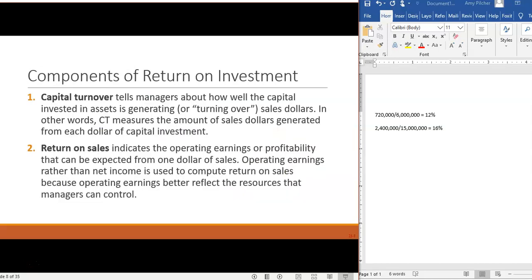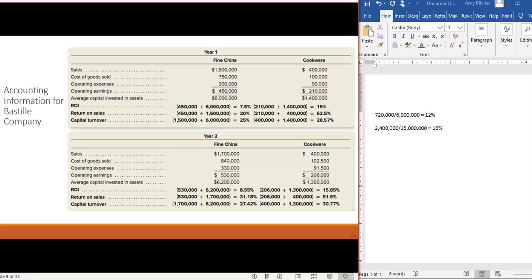So that's this capital turnover. This tells us how well we're using our capital invested in assets to generate sales dollars. And return on sales tells us how much profitability we can expect from each dollar of sales. So when we're looking at this information, we have this breakdown between two divisions in our Bastille company from the textbook.